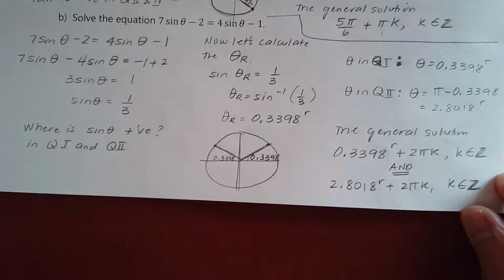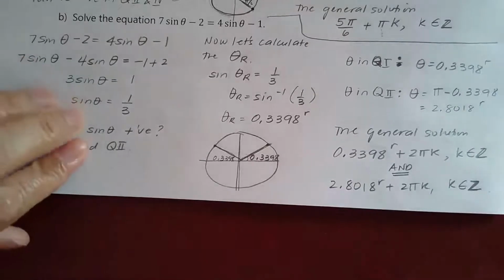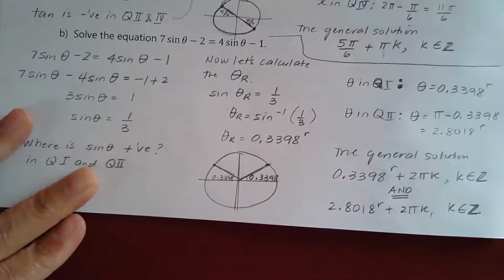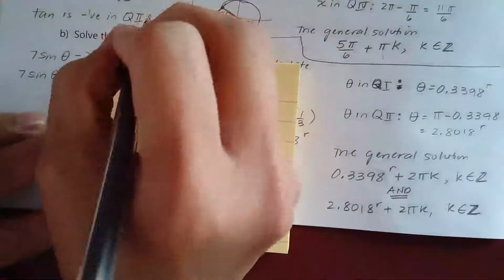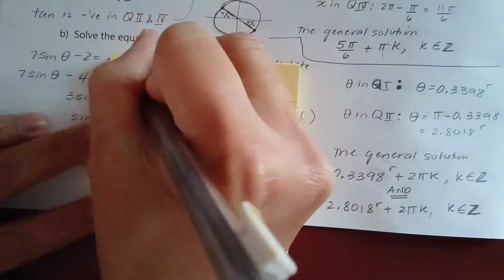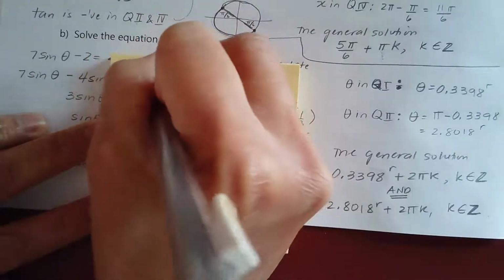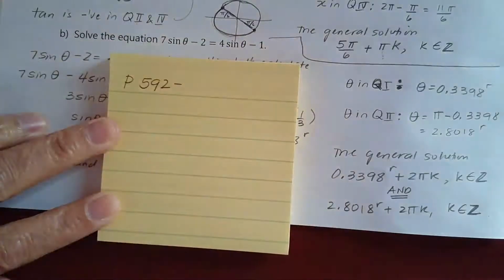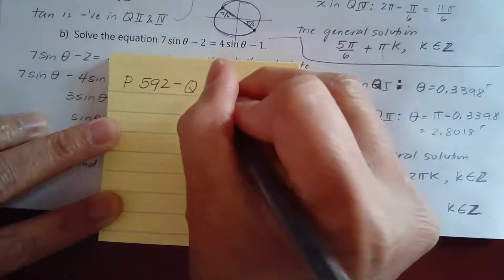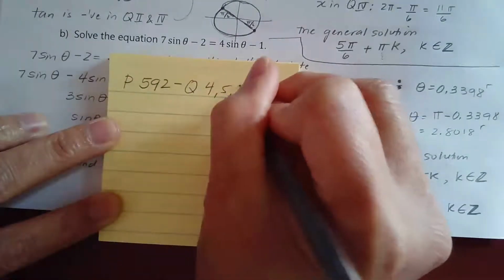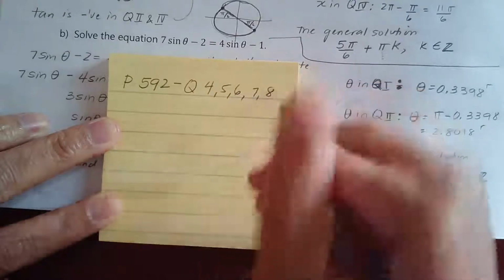For practice, try page 592. I already stated this on the blog, but if you didn't check the blog yet, it's page 592, questions 4, 5, 6, 7, and 8.